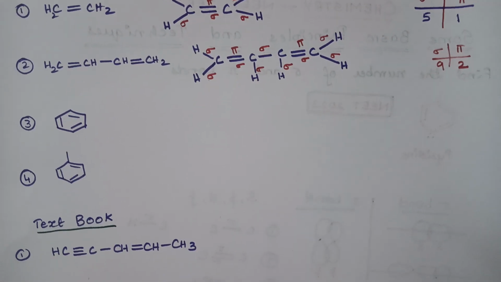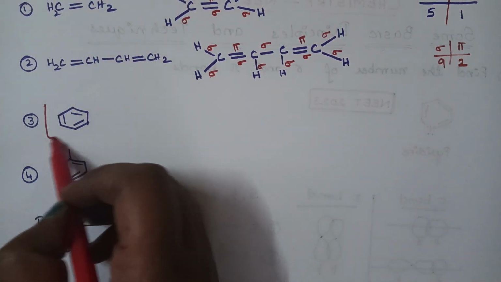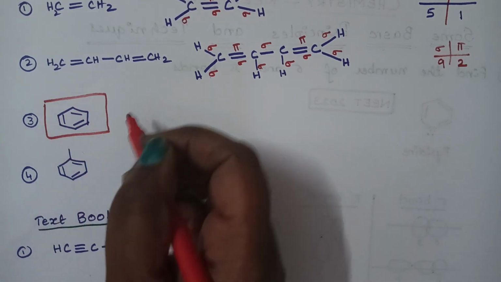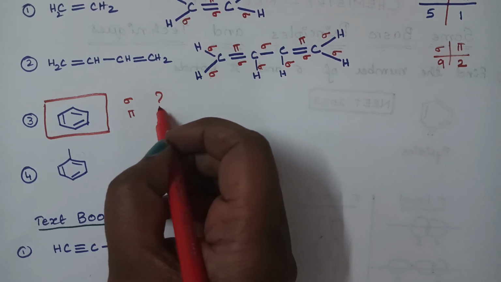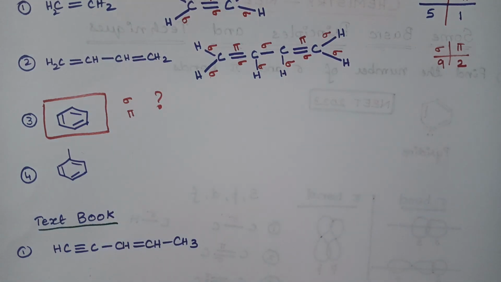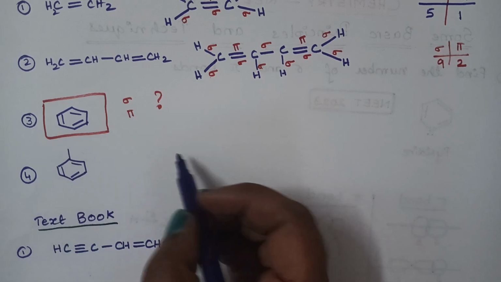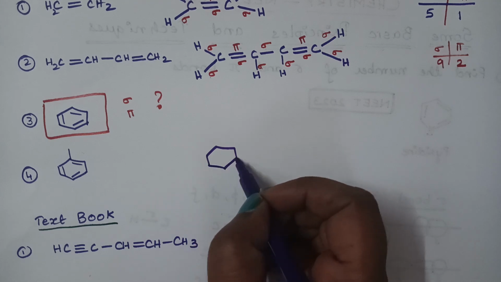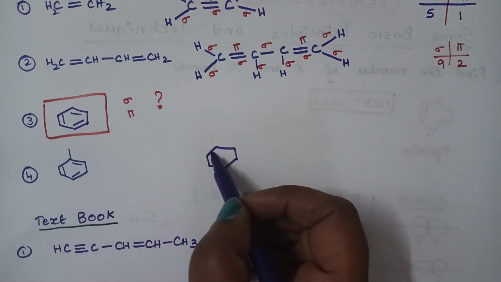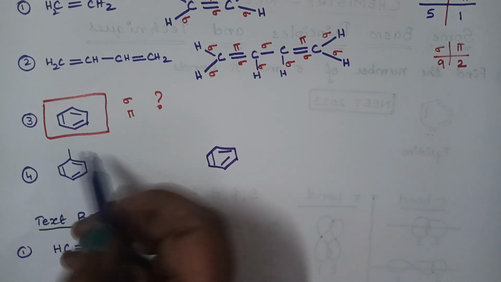Next is benzene. Students, for benzene, I want you to find the number of sigma bonds and pi bonds and write it in the comment section. Now I'll solve for this one. Write the benzene structure like this with the double bonds, and here a methyl group is attached.